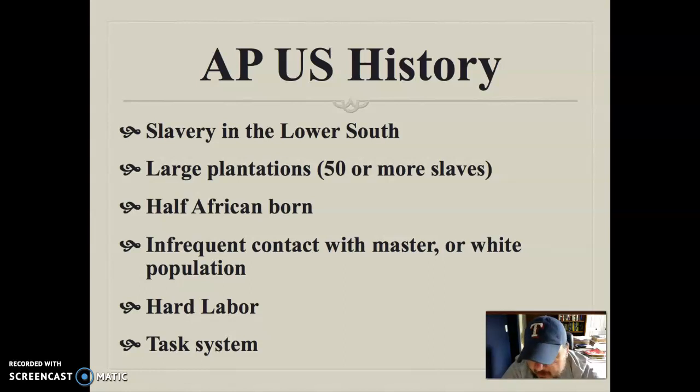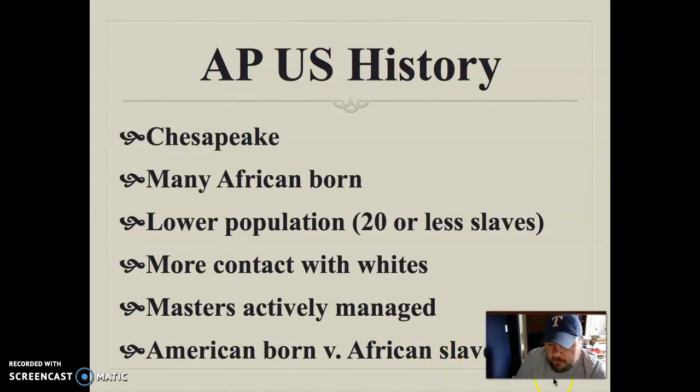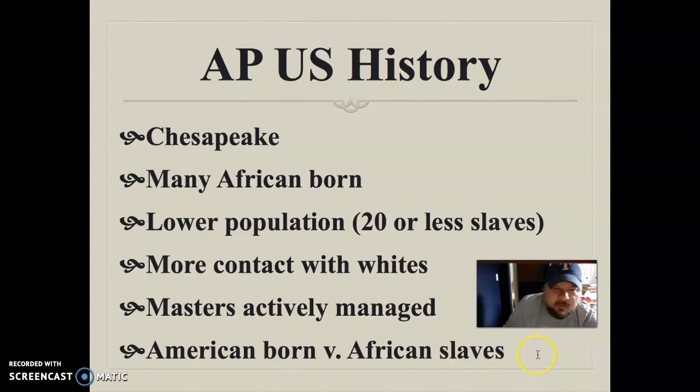That one thing, let me assure you, isn't something you're going to be finished with in 20 minutes or an hour or even 3 hours. You're going to get a day's worth of work that you have to do, which is again probably hard work. Okay, so that is the characteristics of the lower South.